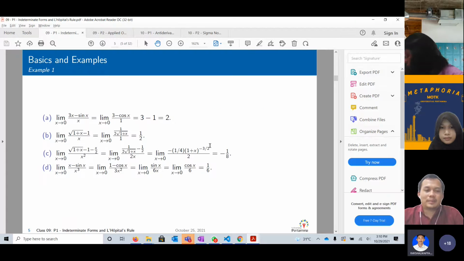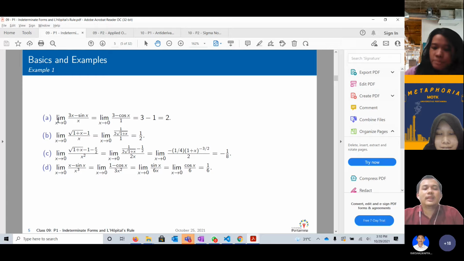Yes, sir. For example, the first case: if we substitute 0 into 3x minus sin x, what do we have? 3 times 0 is 0, minus sin of 0 is 0. So 0, divided by x, which is 0.